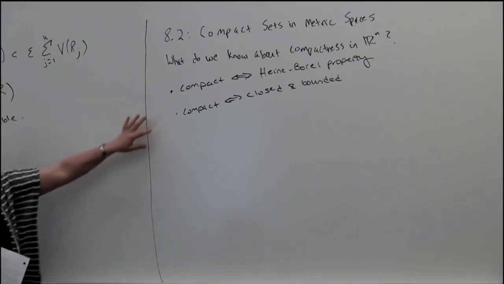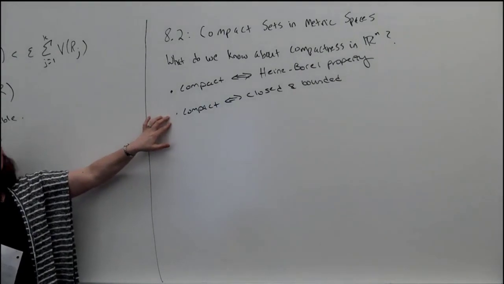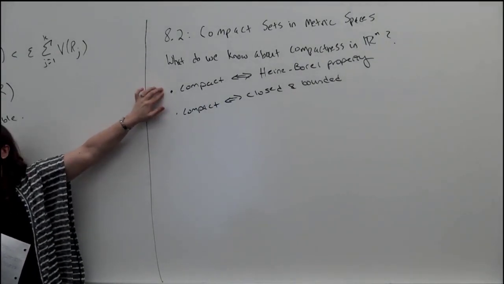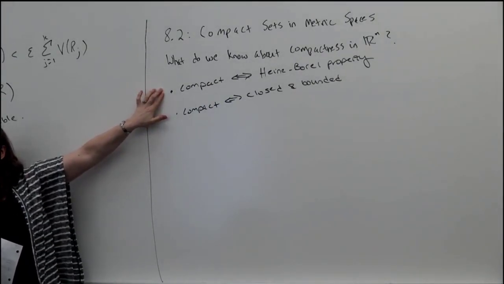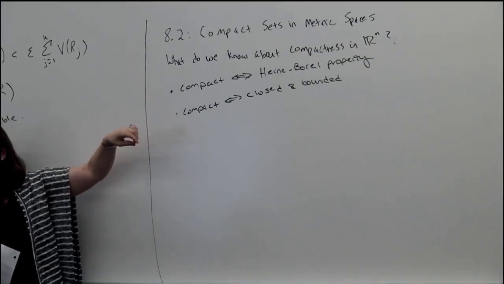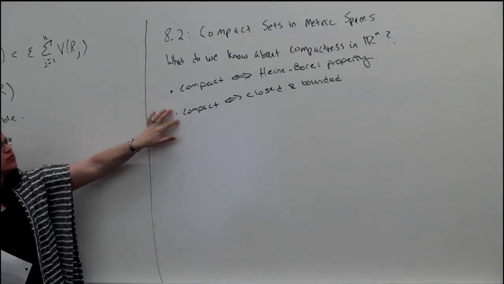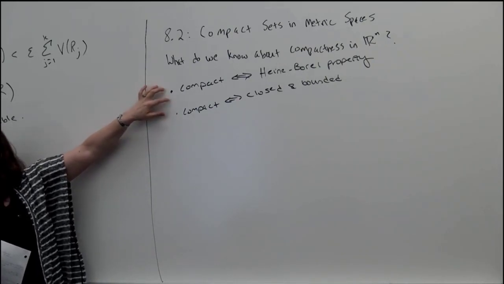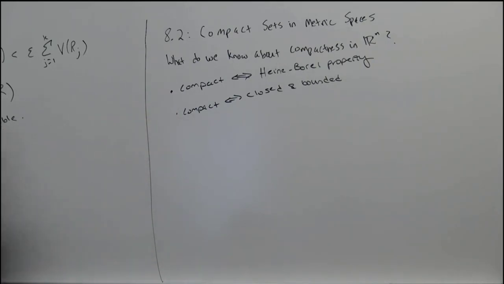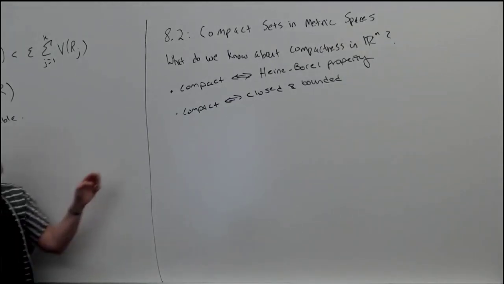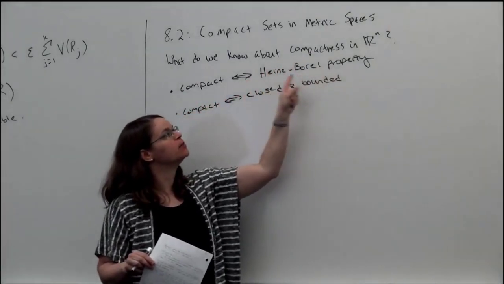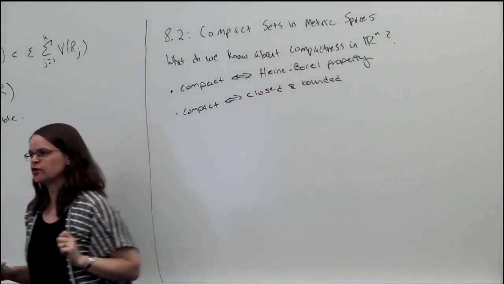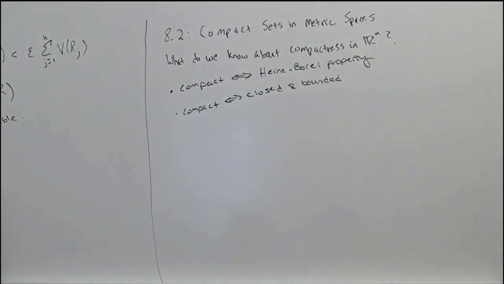This we actually used to prove something about convergence of subsequences. And so, this is easier to understand. This was actually a more useful characterization for proving the kind of things that we really are most interested in practice. So I'm going to start here with the Heine-Borel property and use that as my definition of compactness, and then we'll see what we can infer from there.